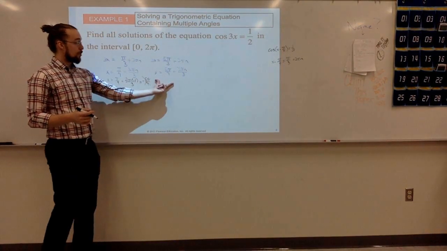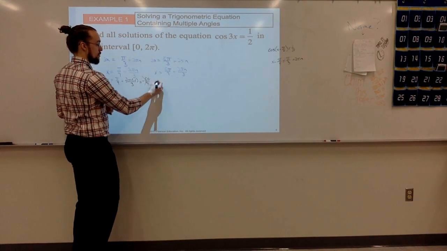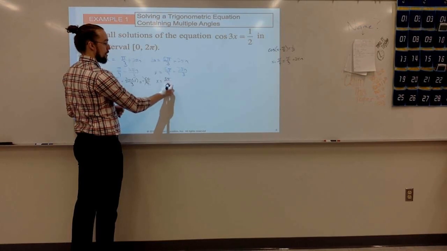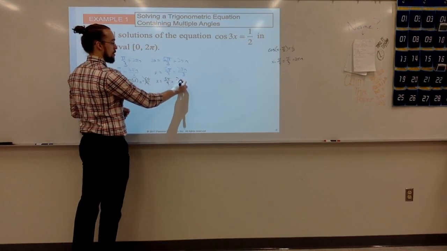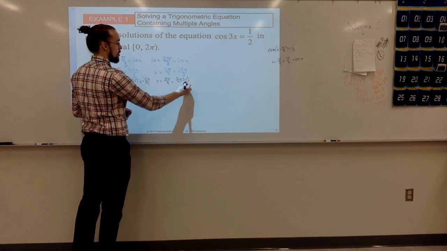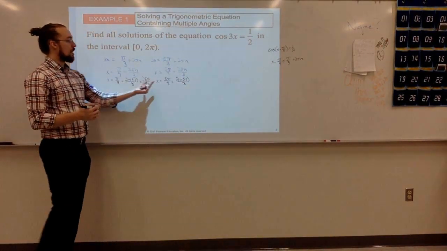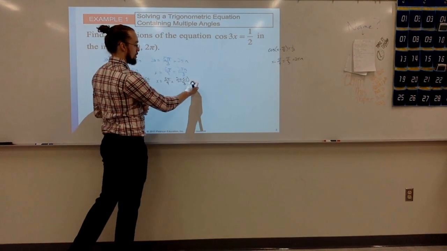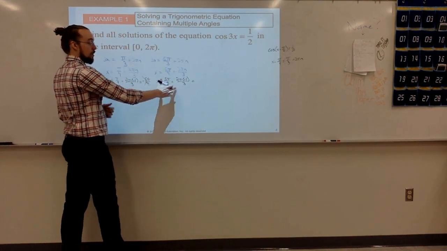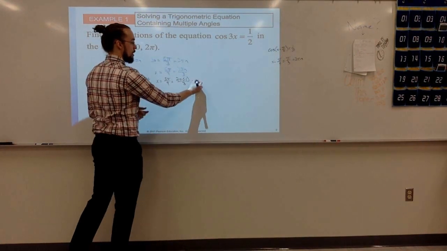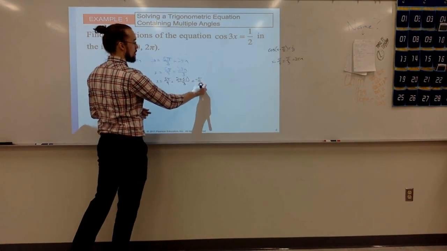So we would want to do the same thing over here. We want to plug in -1: 5 pi over 9 plus 2 pi times negative 1 over 3. Again, if we make this negative 6 pi over 9, 5 pi over 9 minus 6 pi over 9 would be negative pi over 9.